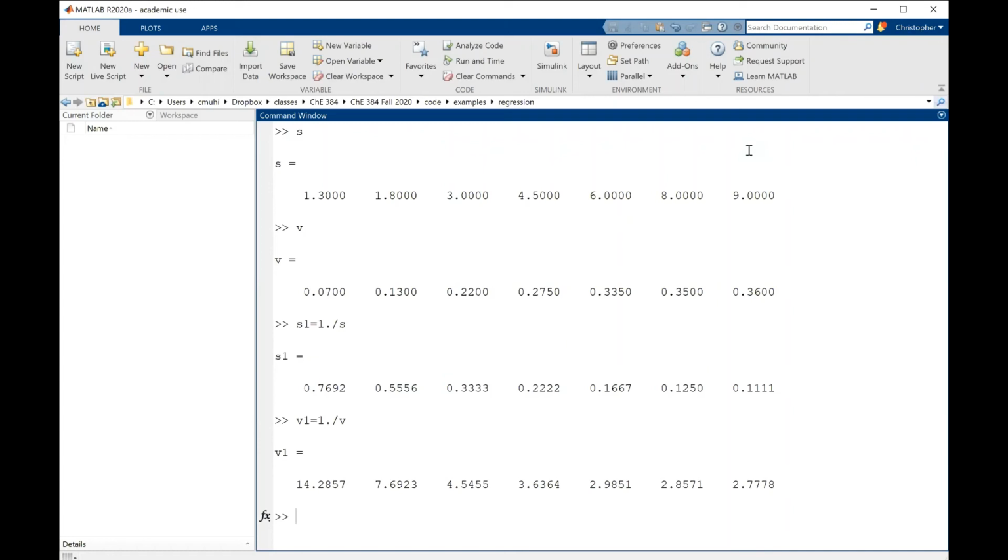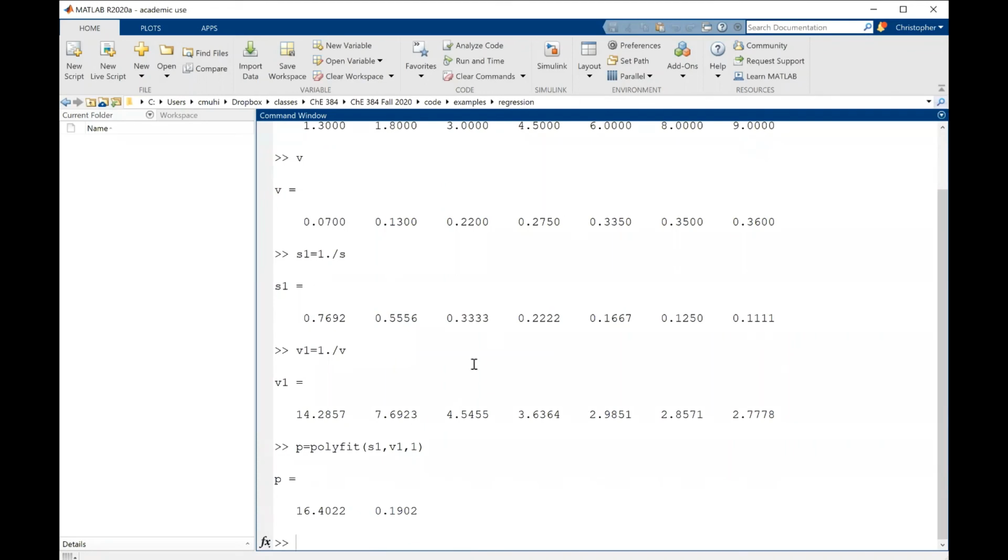So I'm going to create a value p and set that equal to the MATLAB call polyfit. Then simply my x, which is the inverted substrate, and my y, that's V1, and the order we want. We just want a linear fit, so we put in 1.